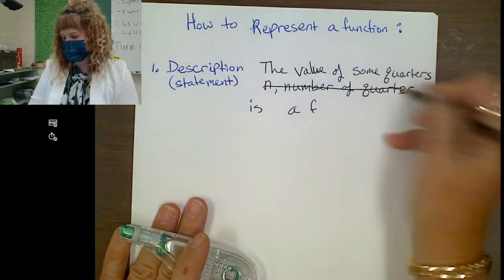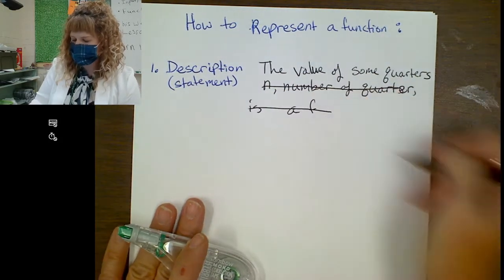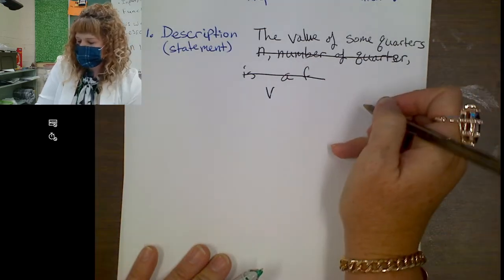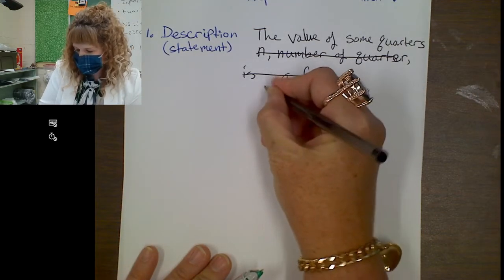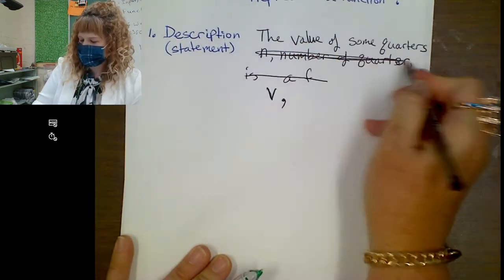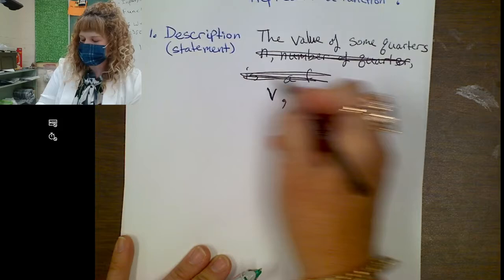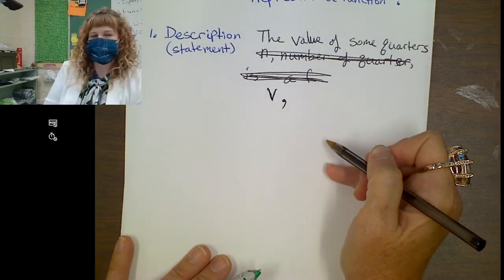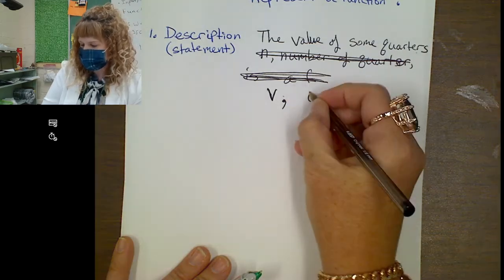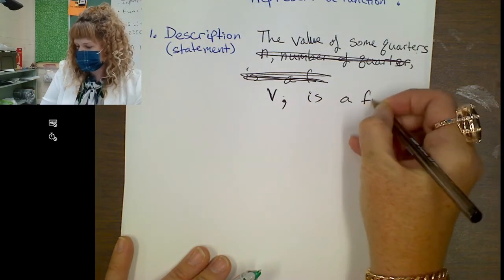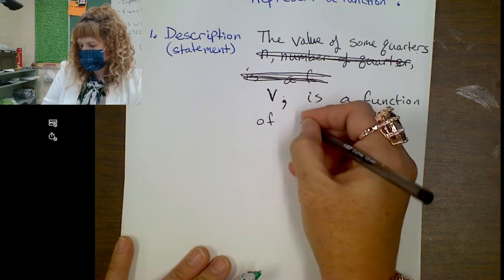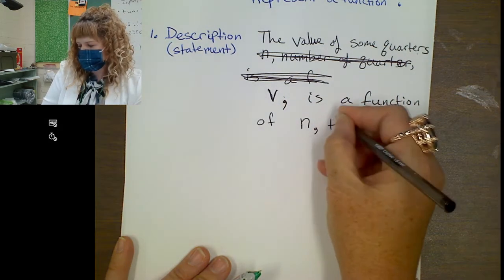I have it backwards. The value of some quarters, cross that out. V, sorry, the value of some quarters V, I'll give you a second to cross that out in your notes. I skipped ahead in my mind. The value of some quarters V is a function of n, the number of quarters.